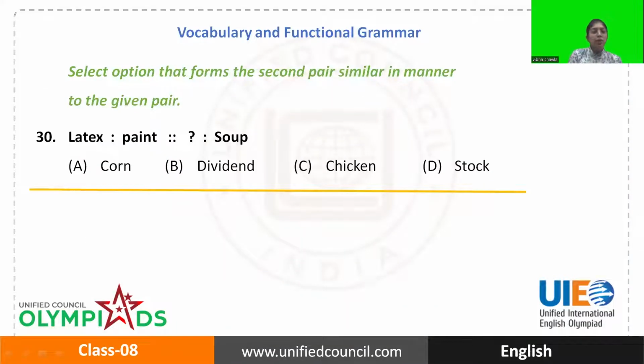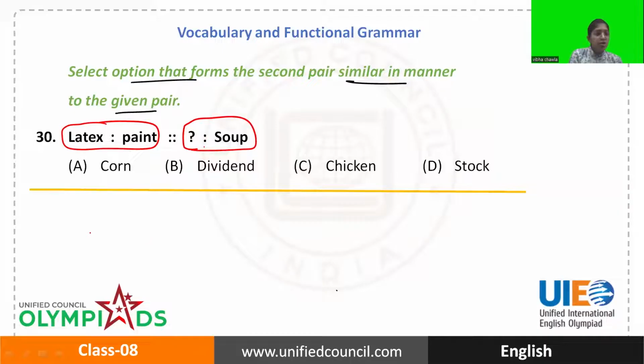Then in the next one, question number 30, directions are: select option that forms the second pair similar in manner to the given pair. Given pair is this, latex is to paint. Then what is the group that we need to build?